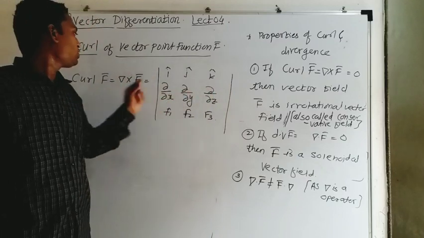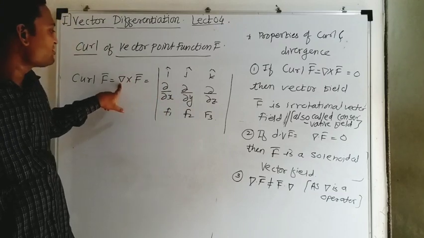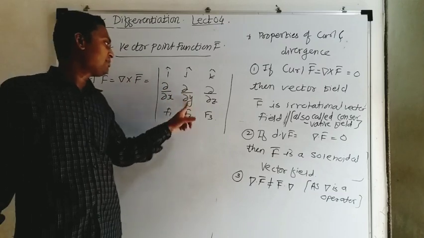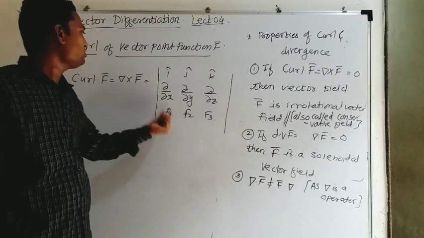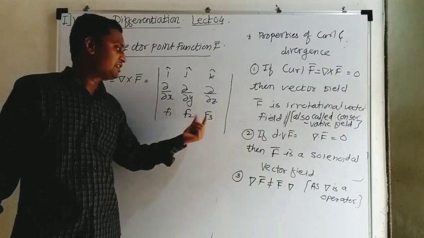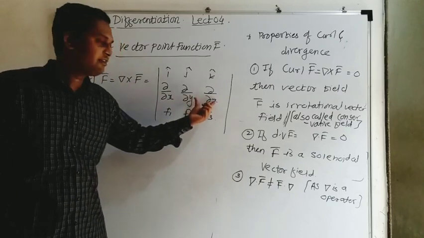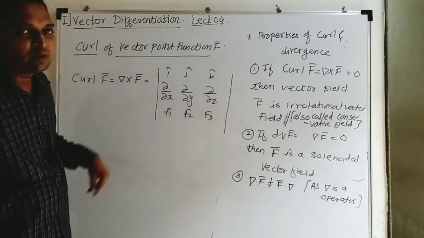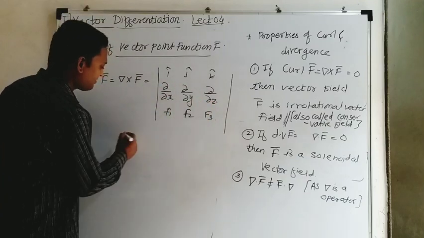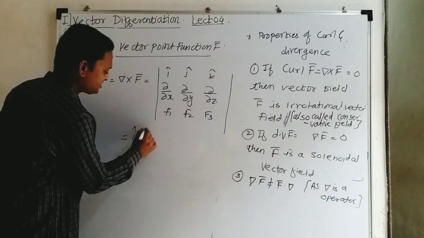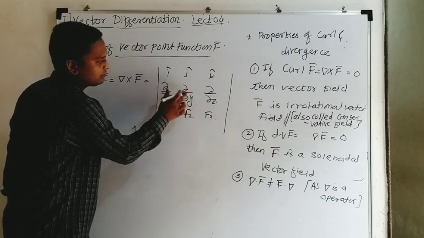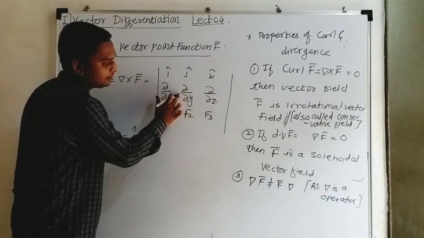Then in the second row we have the i, j, k coefficients of the first vector, that is del, which are del by del x, del by del y, del by del z. And in the third row, the components of f bar: f1, f2, f3. These are the functions, and these are the derivative operators. So when we calculate the determinant, we'll get these types of terms. The first term will be i into, how do we calculate the determinant? Del this into this.